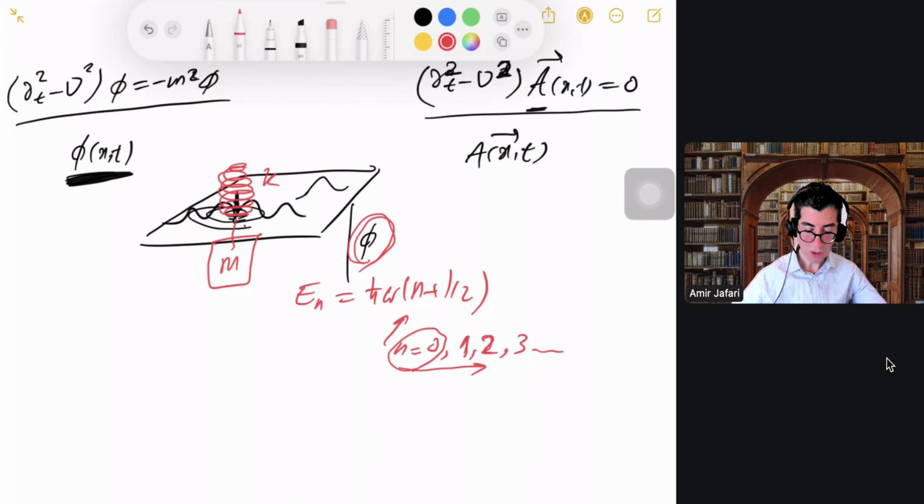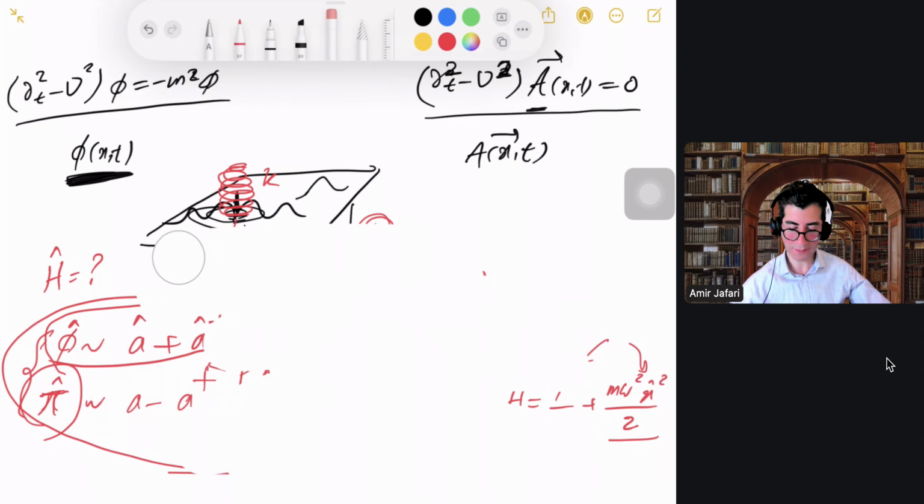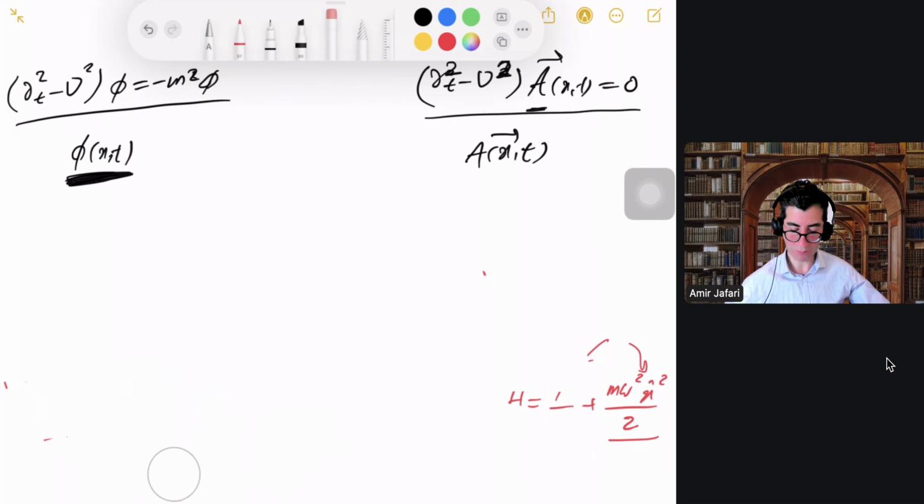This is the reason we are going back to classical mechanics to remind ourselves of what we know about the Lagrangian and Hamiltonian of a system. With this background, we are ready to write down the Lagrangian.